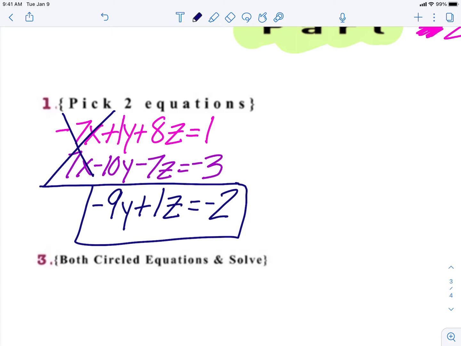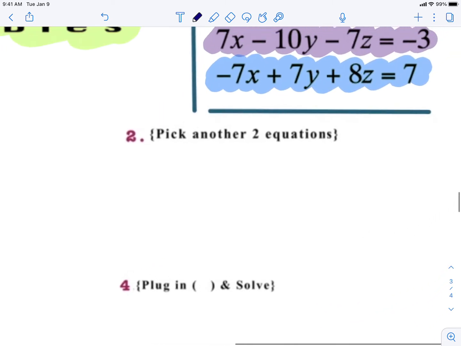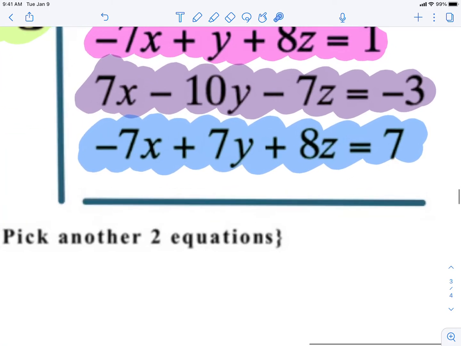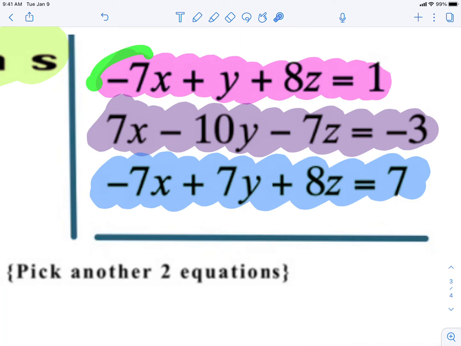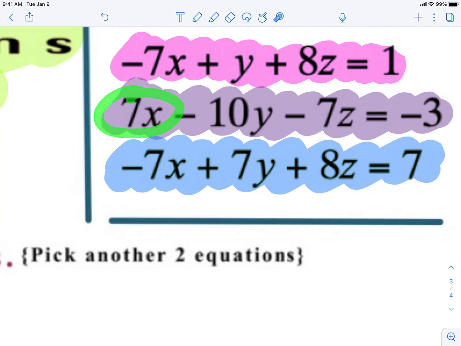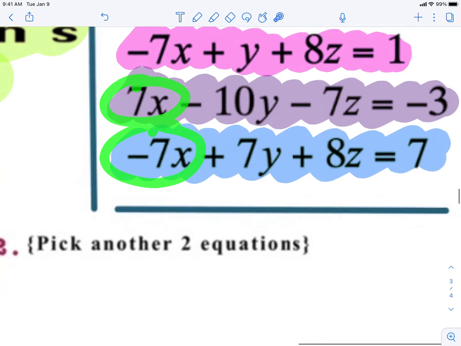Okay. Pick two equations, that's step 1. Check. Let us go to step 2. It says pick another two equations. Well, I want another two that are going to cancel. So I am not going to pick pink and blue, guys, because negative 7x and negative 7x do not cancel. They're the same signs. I need them to be opposite signs. But check it out. Purple is positive 7x, blue is negative 7x.